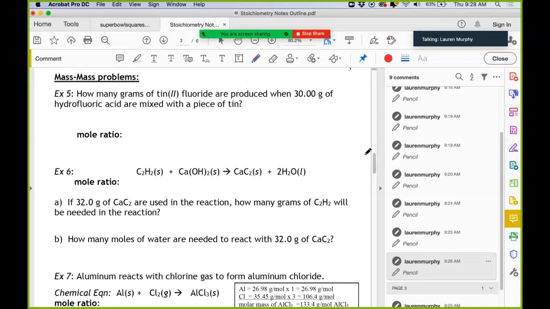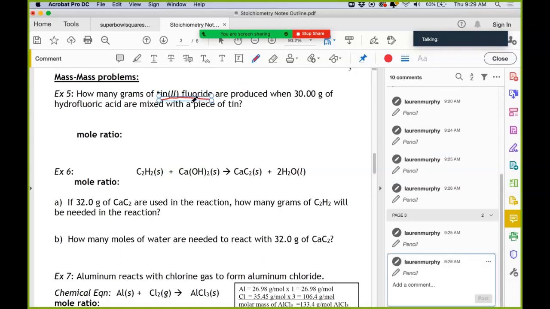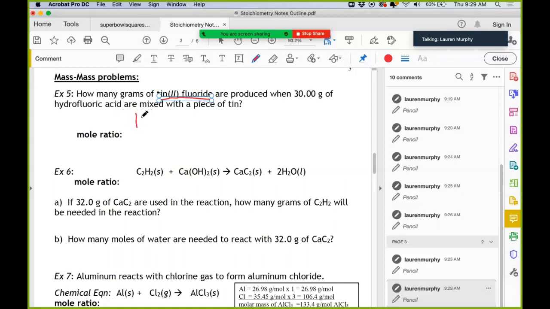How many grams of tin 2 fluoride are produced? So tin 2 fluoride is a product, and I give you grams of hydrofluoric acid. So first thing you have to do is write out the reaction. Hydrofluoric acid is HF.